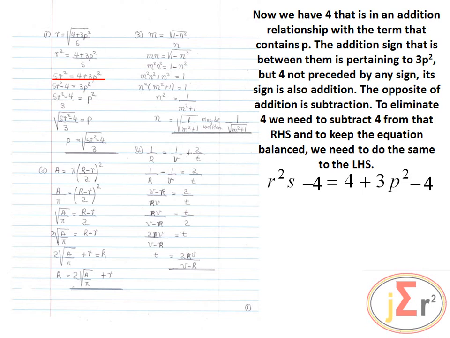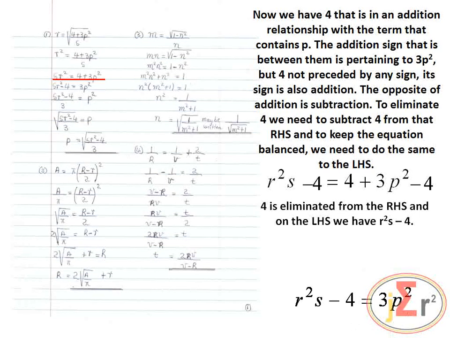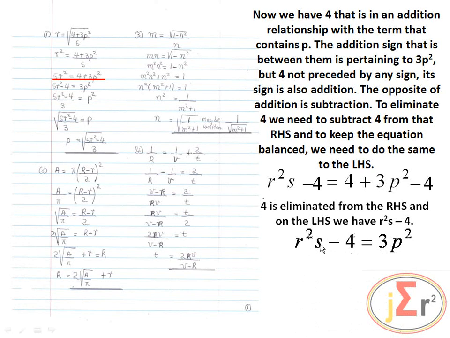So because of that, 4 minus 4, 4 will be eliminated from that right hand side, and on the left hand side we have r squared s minus 4. So 4 is eliminated from the right hand side, and on the left hand side we have r squared s minus 4. R squared s minus 4 and no 4 there.